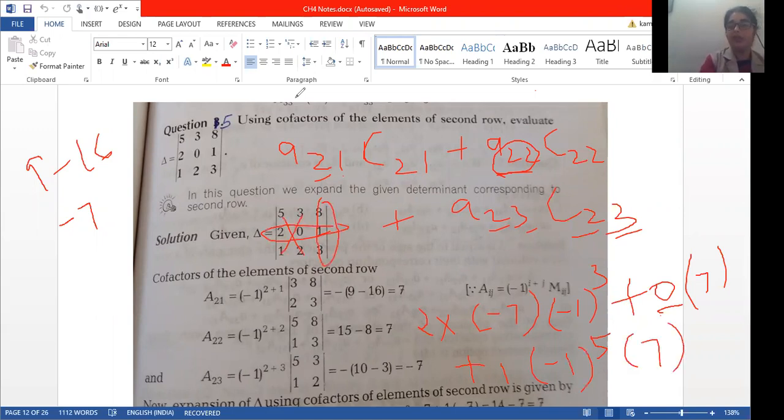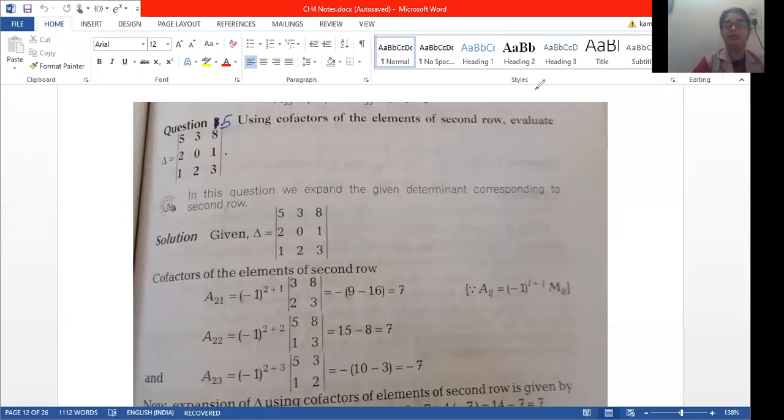So your answer will be 2 into minus 1 to the power of 3, which is minus 1, 2 into minus 7, minus 14, then minus 1 to the power of 5, again minus 7. That will be equal to minus 21. This way we will calculate the determinant using cofactors.